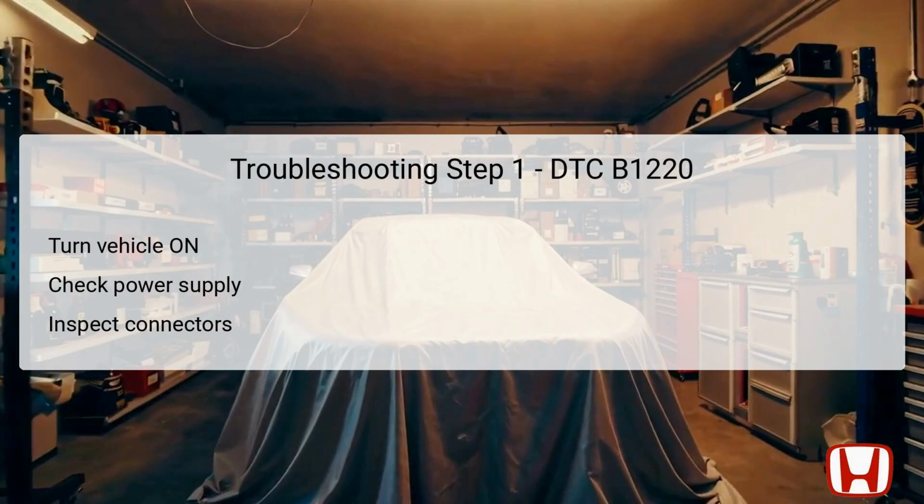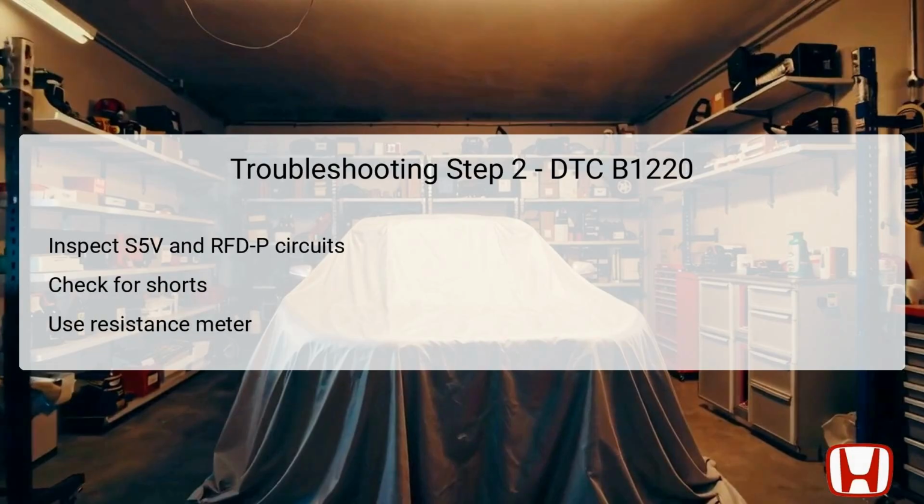A normal reading should indicate approximately 5 volts. Simultaneously, it's crucial to ensure that all associated connectors are intact and securely attached. Inspections at this stage can quickly pinpoint issues with power supply, saving time and resources in the repair process.